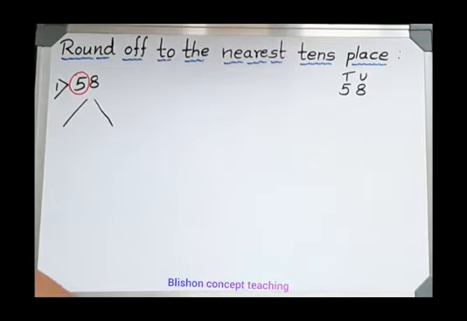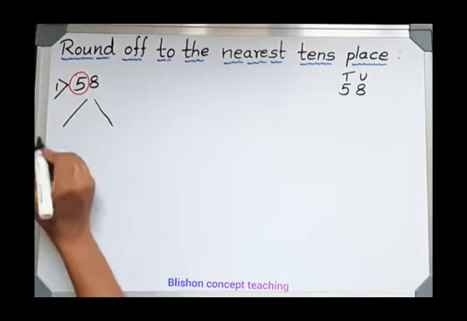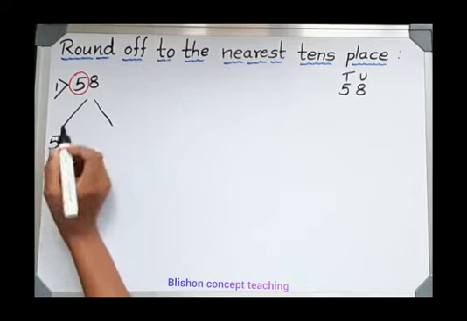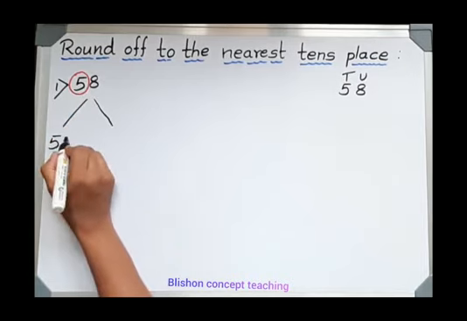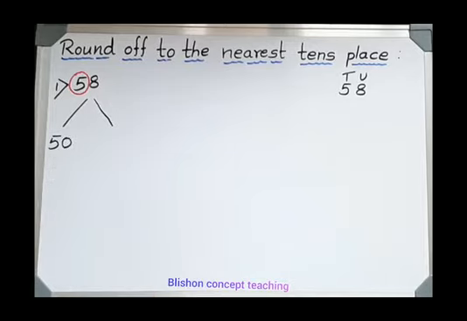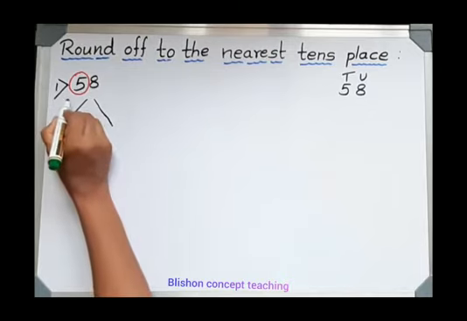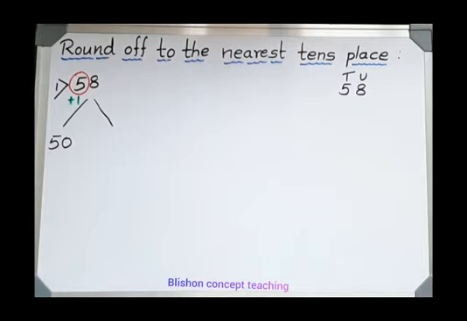So here, write this 5 as it is. After this 5, only one digit is there. I will write it as 0. And the next step is, observe carefully. For the tens place, I will add plus 1.